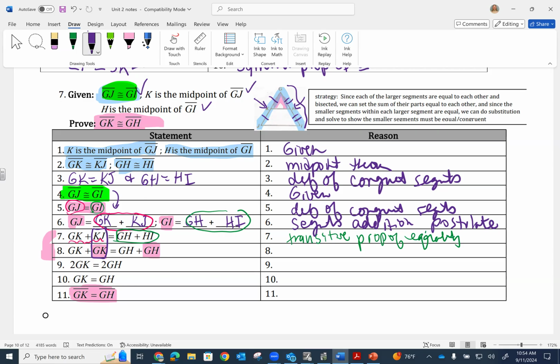Let's look and see if there's a spot there. Oh, right here in step 3. And then also, do you see that this right here, HI, is now GH? Well, we must know, from step 3, that GH and HI are equal in length. So guess what? We're going to do a substitution. Since we're just swapping out one term on one side, not a whole side, it's substitution.